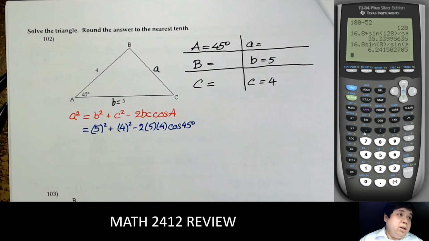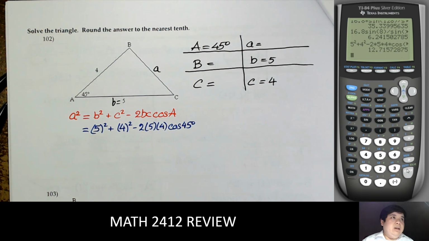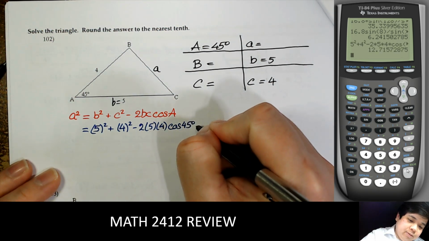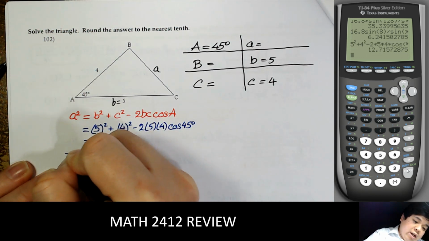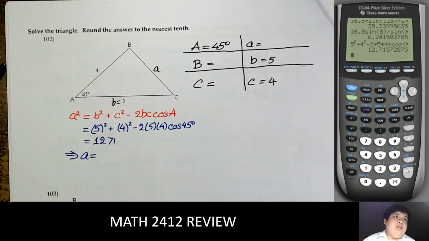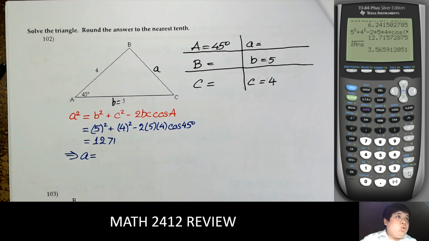Right. So 5 squared plus 4 squared minus 2 times 5 times 4 times cosine 45. I have 12.71. If we take the square root, we should have the answer. Square root of that, and that is 3.56, let's say 3.6.